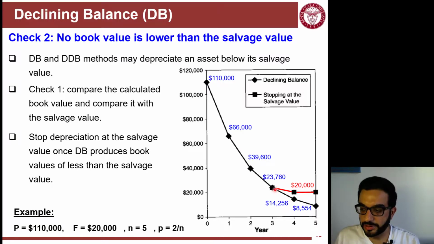Once you go below it, like in this example here, all these values are higher than the salvage value, but if I follow the declining balance, I'm dropping below my salvage value of 20,000, and that cannot be acceptable here. So I will stop my depreciation and I will just correct myself to be like that, which means that in the fifth year there is no depreciation happening. So the value of the asset will just stay 20,000 and nothing will happen, no depreciation or no value loss in the fifth year.